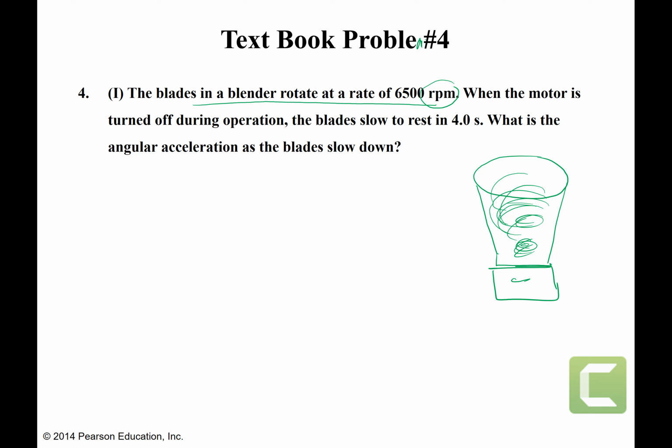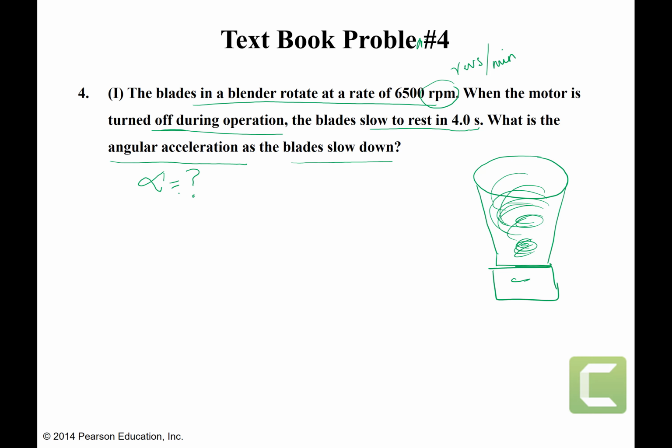RPM means revs per minute. So when the motor is turned off during the operation, the blades slow to rest in 4.0 seconds. What is the angular acceleration as the blades slow down? So we have been asked to find out alpha.